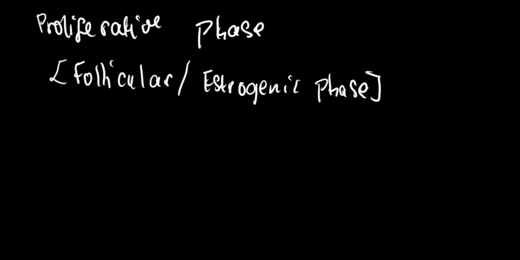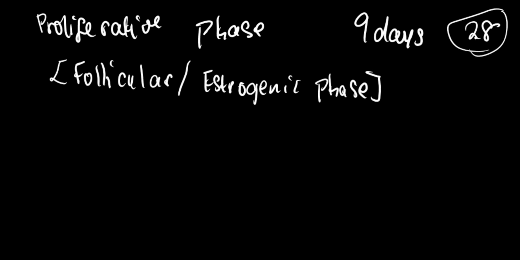It's good for us to take note of the fact that the proliferative phase lasts on average for about 9 days. Remember that we are working with the average of 28 days for the menstrual cycle. For the menstrual phase, we took an average of about 4 to 5 days, and now for the proliferative phase, we're taking an average of about 9 days.